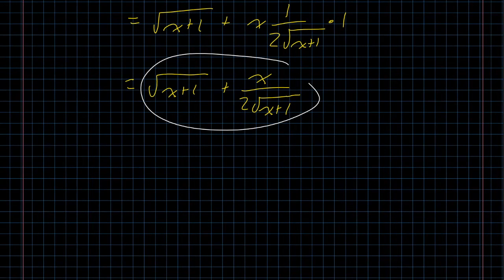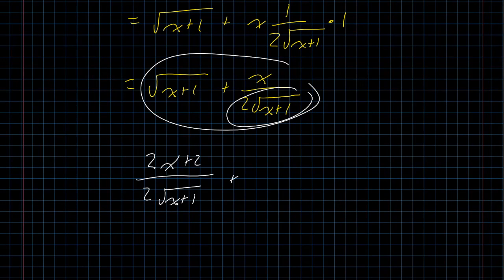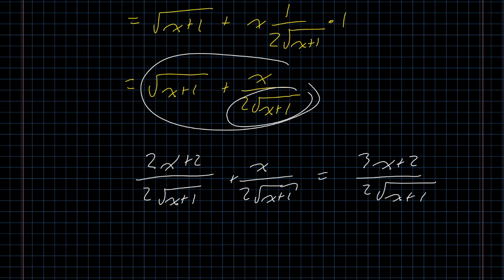If I take that first term and multiply top and bottom by 2 root x plus 1, I can write it as 2x plus 2 over 2 times the square root of x plus 1. And then simplify from there to get 3x plus 2 over 2 times the square root of x plus 1. So if you're checking your work, you might come across it written as that solution instead.